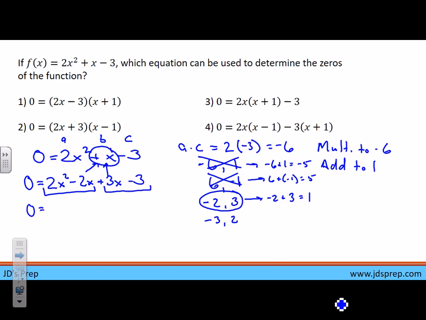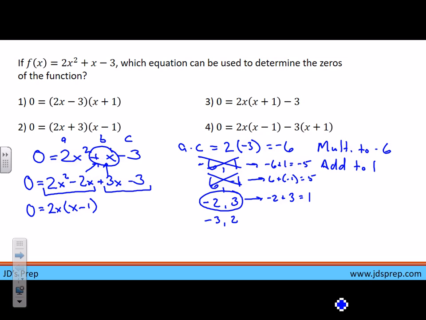So I can rewrite it as 2x times what's left over when we divide each of those first two terms by 2x. For the 2x squared divided by 2x, I'll be left with just x. And minus 2x divided by 2x will leave me with minus 1. So I can rewrite those first two terms as 2x times x minus 1.